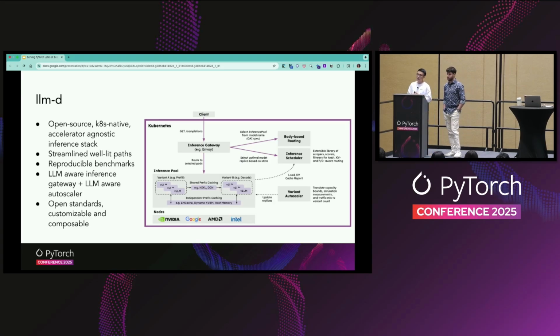And for the new components that we have to build, we truly advocate for open protocol and open APIs. For example, we proposed this endpoint picker protocol in order to implement the intelligent request scheduling in the inference scheduler. And we work directly with the Kubernetes Gateway API community to have this natively supported.